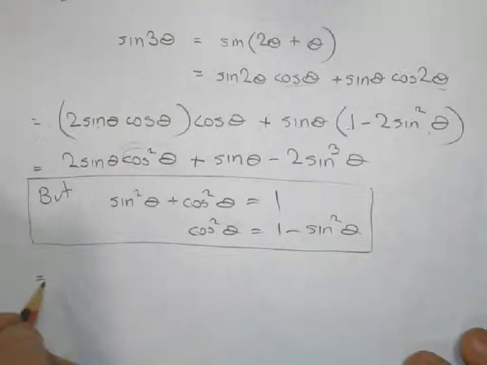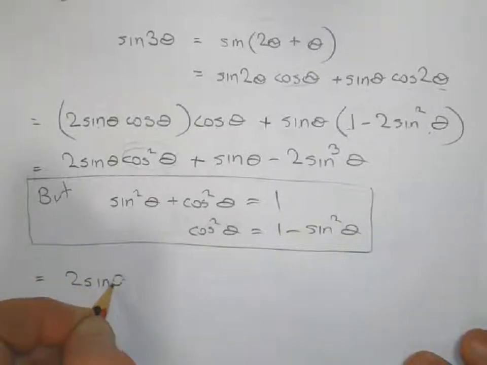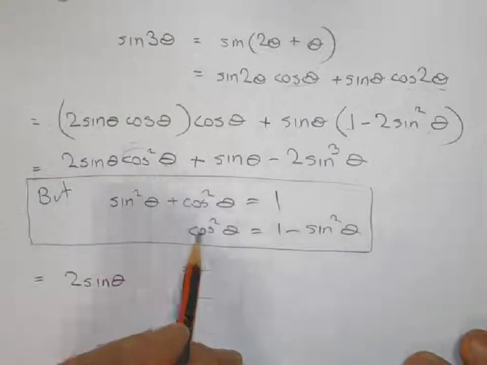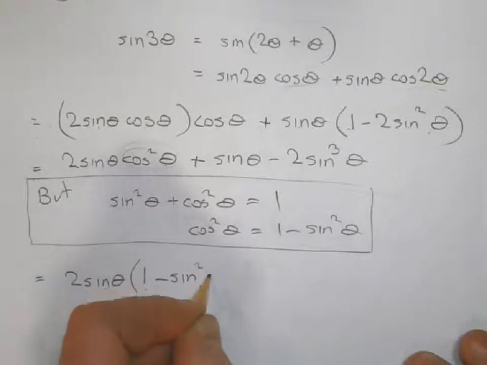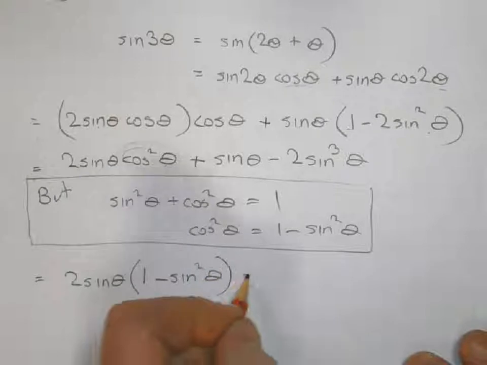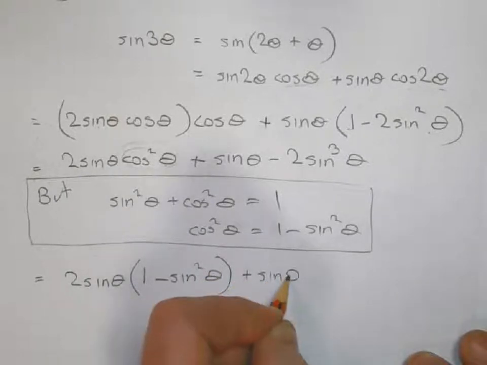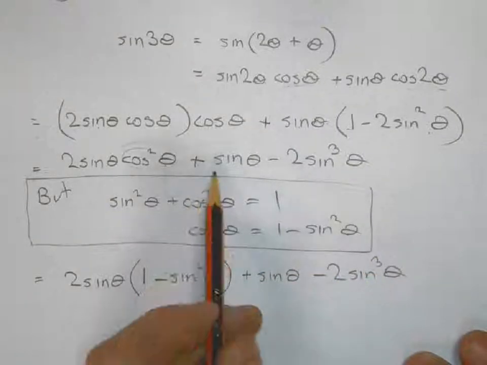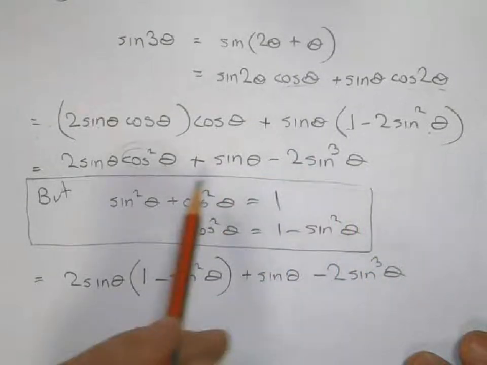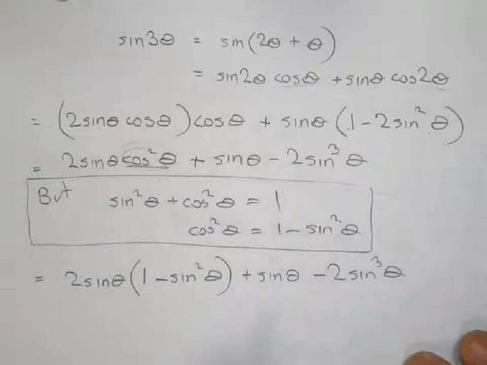So we can go 2 sine theta. The cos squared theta has been replaced by this part here, so we put in brackets 1 minus sine squared theta, plus sine theta minus 2 sine cubed theta. Okay, so all the rest of that is staying the same. We just have to replace that cos squared theta there.